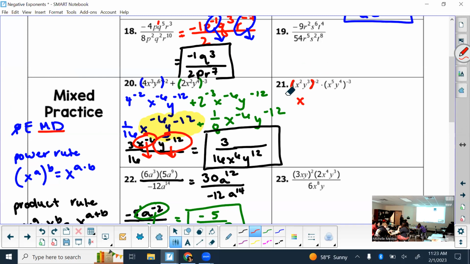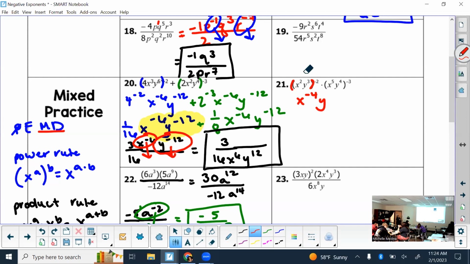X will now be to the power of what, table 6? So this x squared raised to the -2, it becomes... good. Table 7, what will be the new exponent on the y?